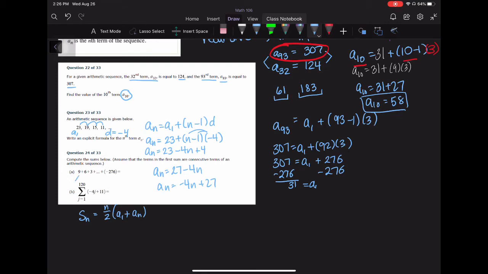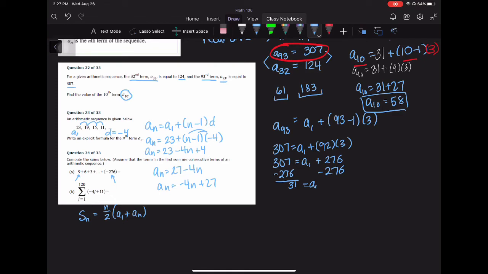In A, I know the first term and the last term, but I don't know how many terms there are, so I need to find that out. In B, I have what n is, but I need to find a sub 1 and a sub n, and we'll talk about that.